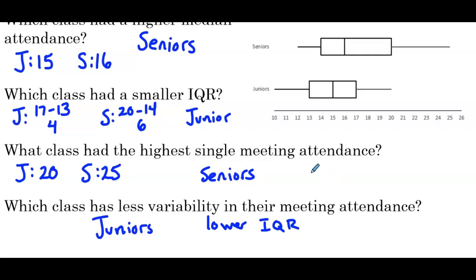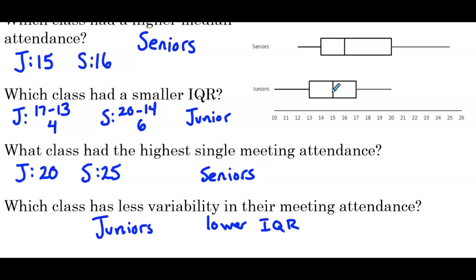We could have also justified that by saying the junior class has a smaller range. Not as good of a justification, but the junior class has a range of 10, whereas the senior class has a range of 13. But more importantly, right, looking at the box plot, 50% of the data is in the box.